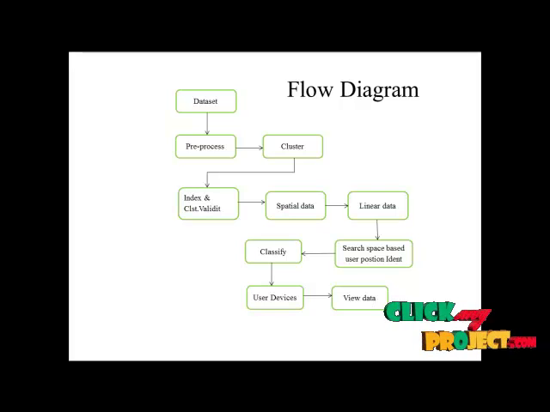We use the search space based on the user's position identification, called the global positioning system. In this paper we are using geo images as the geo mapping data. Next, the clustering data is classified, and the classified data is generated to the user's devices, maybe a mobile, laptop, PC, etc. Finally, these are the processes by which users identify the particular data.